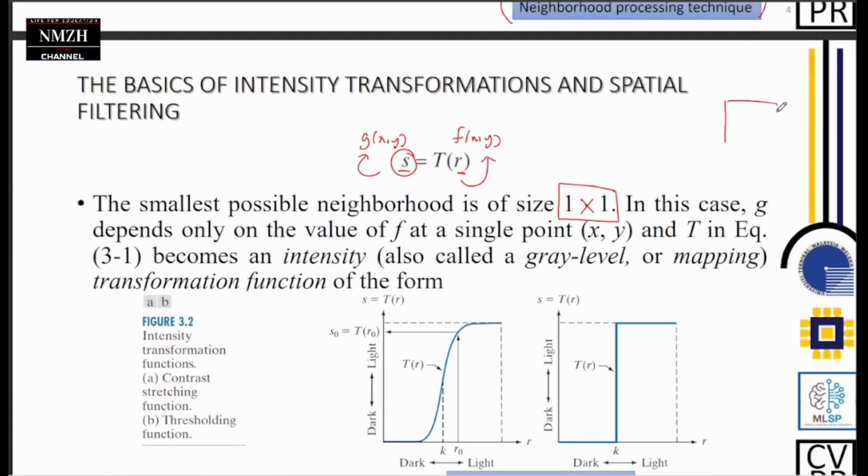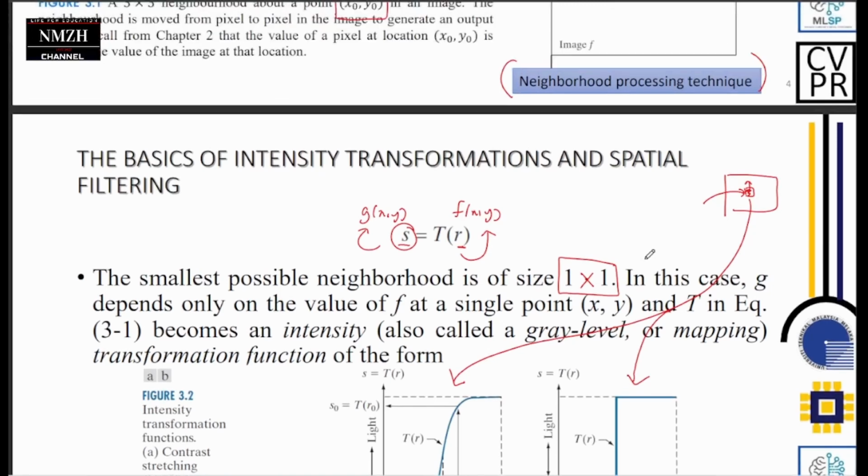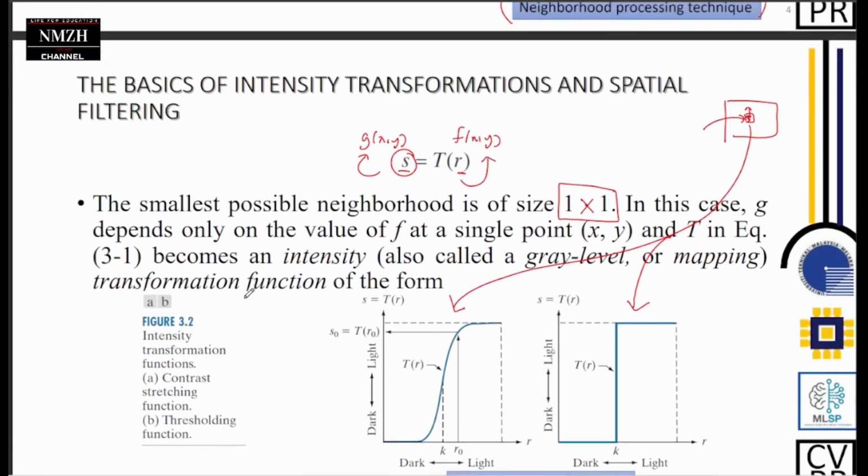The idea of manipulating the pixel happens within the single image. This particular pixel will be compared with two intensity transformation functions. The first transformation function, with input r, is the contrast stretching function, a kind of smooth one, while this one is like a floor function, a rectangular one.